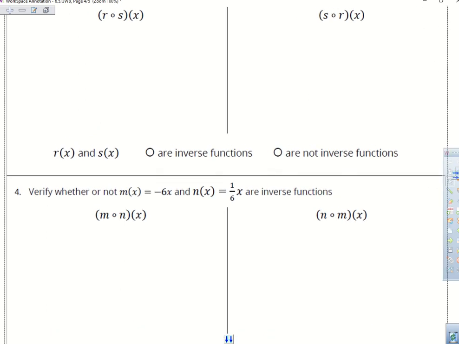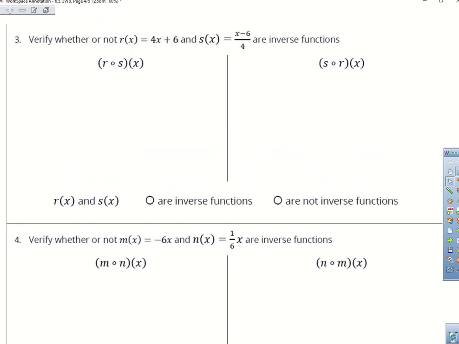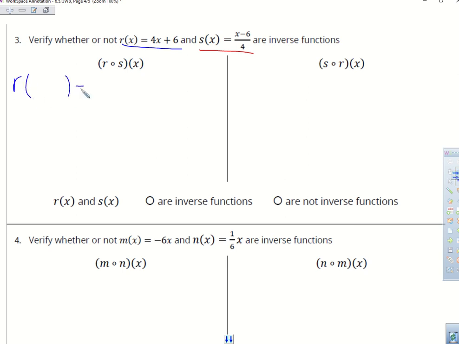All right, so number 3. Once again, I'm going to color code these. I'm going to do the r of x in blue. I will do the s of x in red. I'm going to rewrite my r of x function, leaving all of my x's blank.